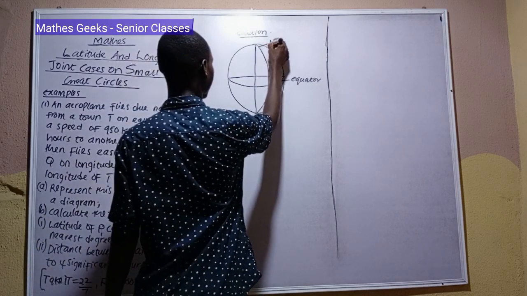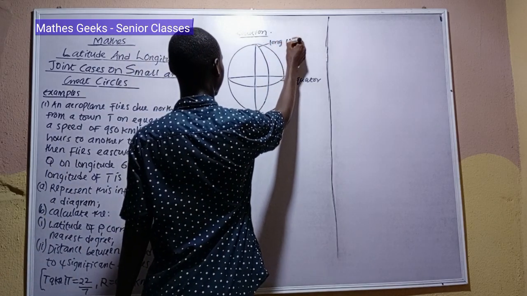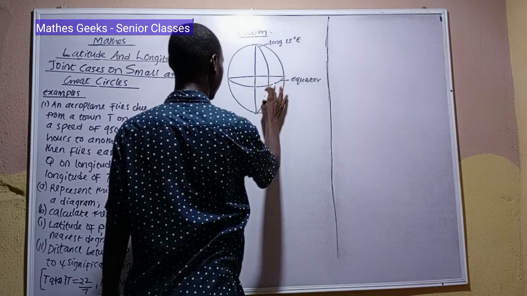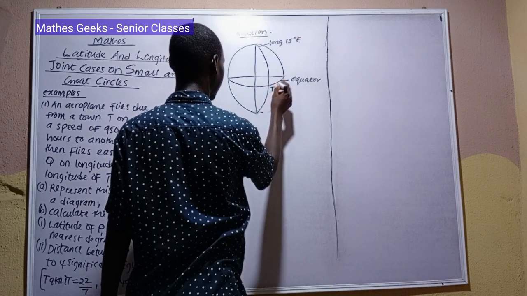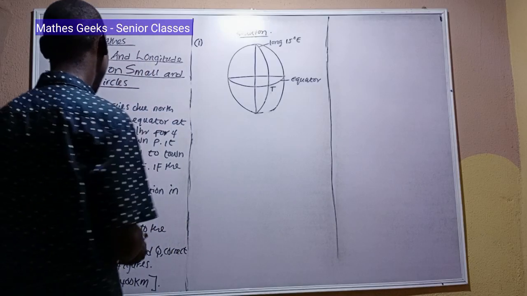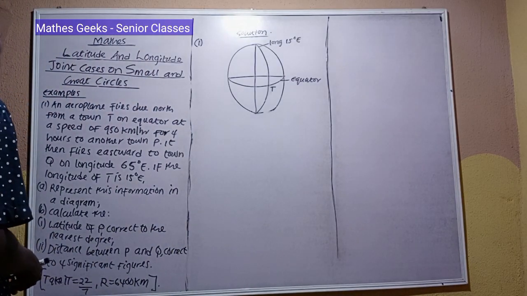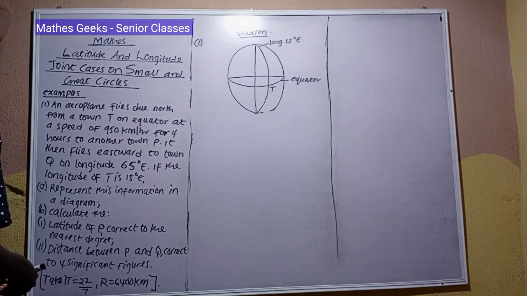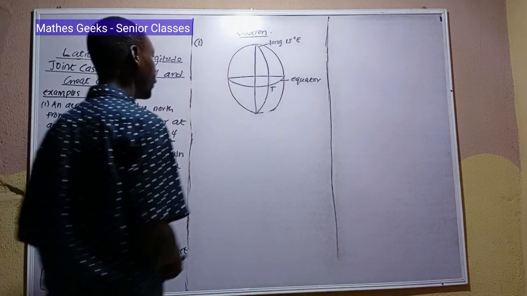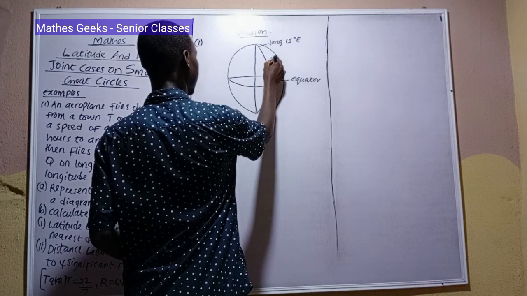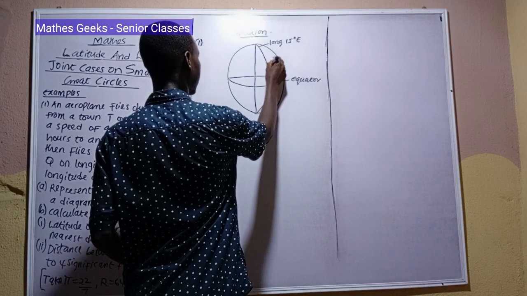This is longitude 15 degrees east, so this is point T. T is on the equator, and it flies at a speed of 950 kilometers per hour for 4 hours to another town P, due north. So let's say this is P.